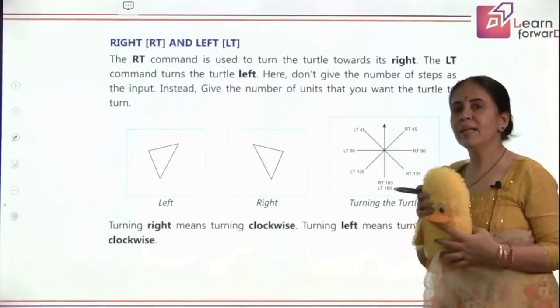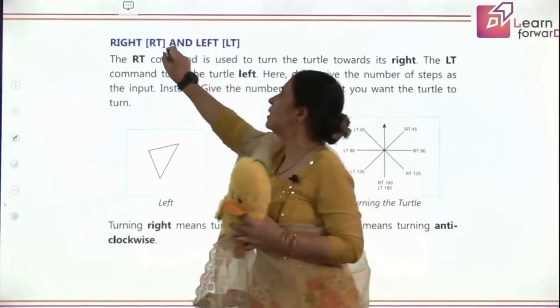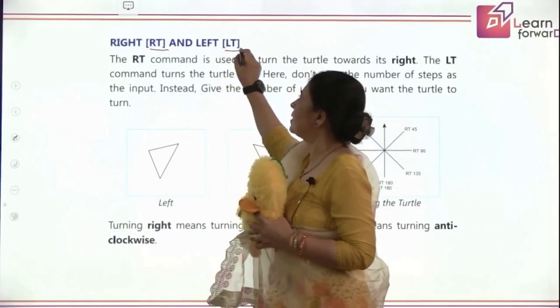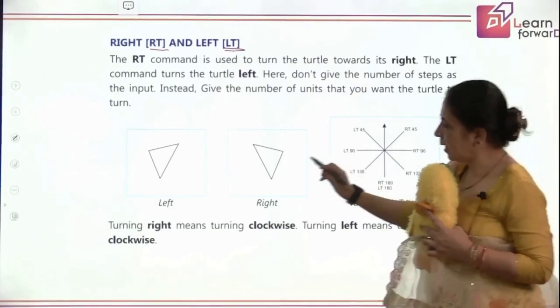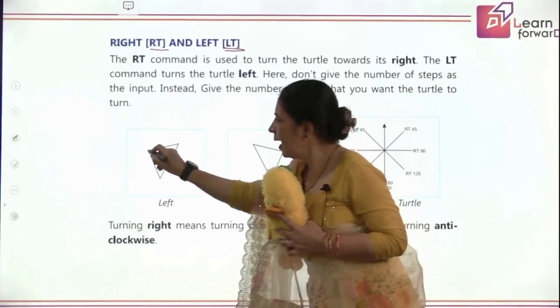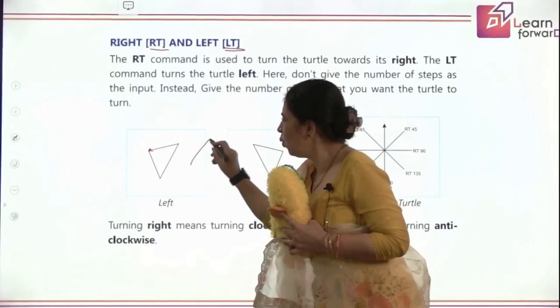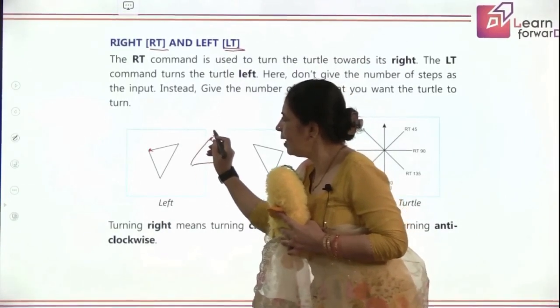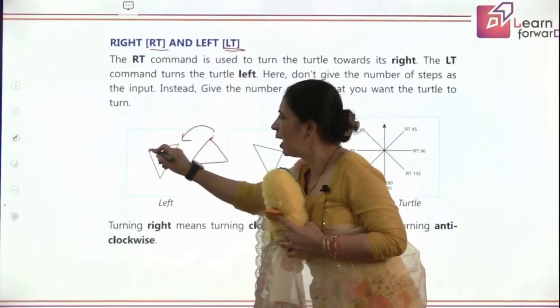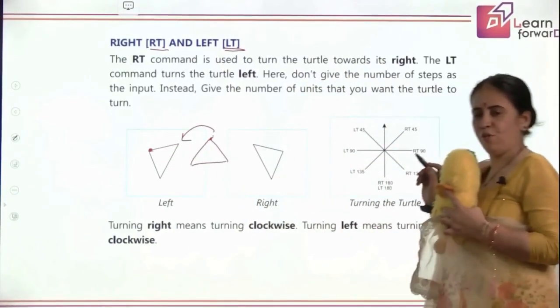Now we will learn about RT and LT commands. RT stands for right turn and LT stands for left turn. This way you could see the turtle's head is moving towards left. This is the original position. When you give LT, it takes this direction and it turns to the left of your hand.